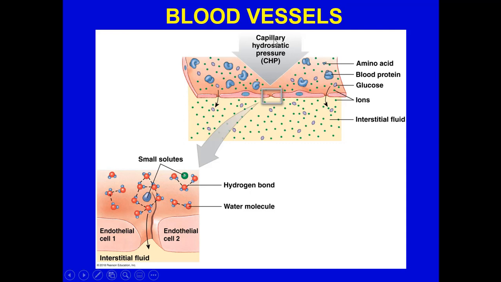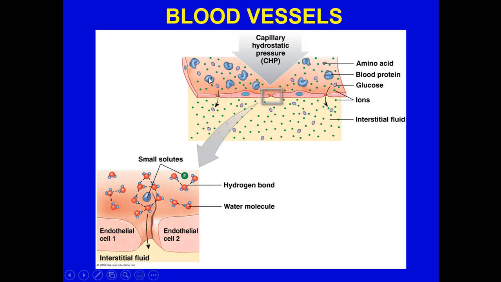Here, capillary hydrostatic pressure. Here is your capillary. You have the endothelial cells here. You have a little gap here. So what happens? Small solutes, okay? Water molecules, they can pass through. So you're going to have ions pass through. You're going to have water molecules pass through.